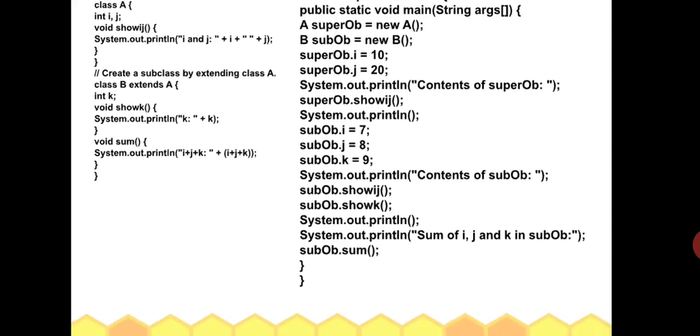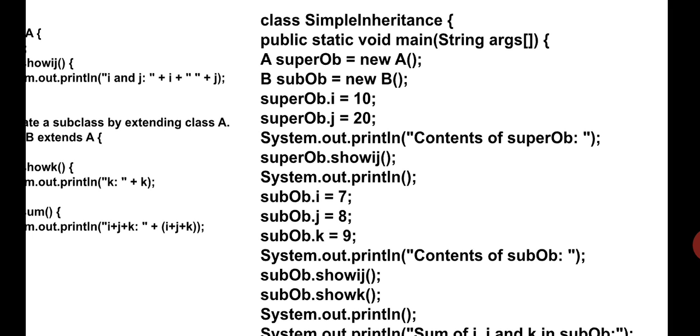On the right hand side, you can see one class called SimpleInheritance. Inside that class you have the main method. Inside the main method you are creating one object for class A with the name superOb. It is a superclass, parent class or top class object, equal to new A. You have successfully created the object for class A. For class B also you are going to create an object with the name subOb.